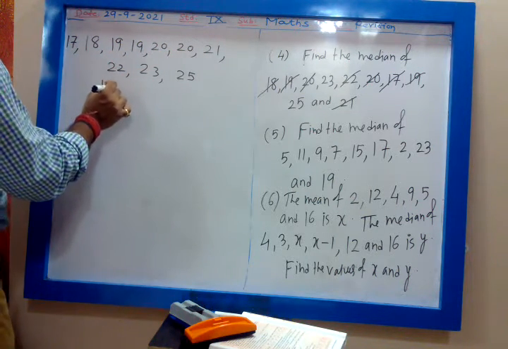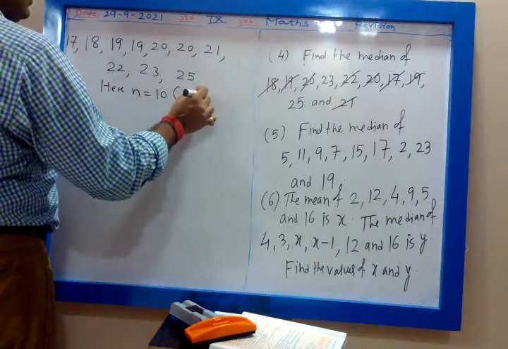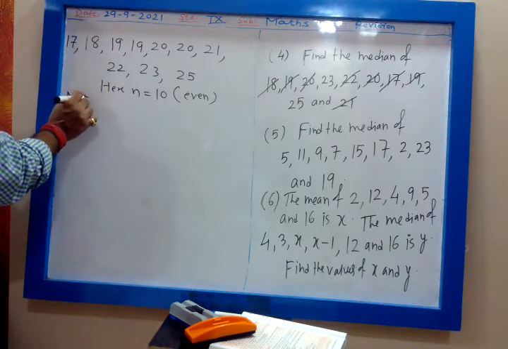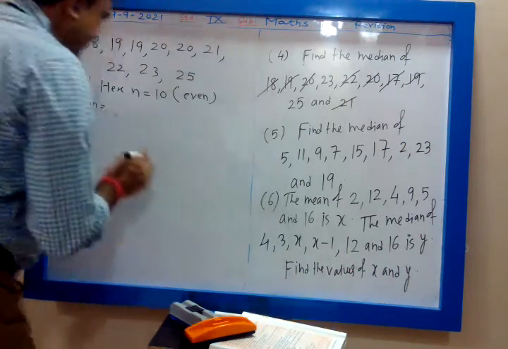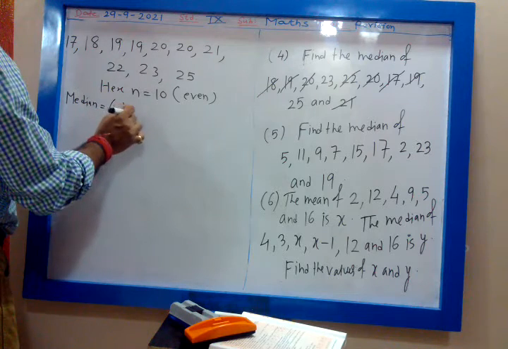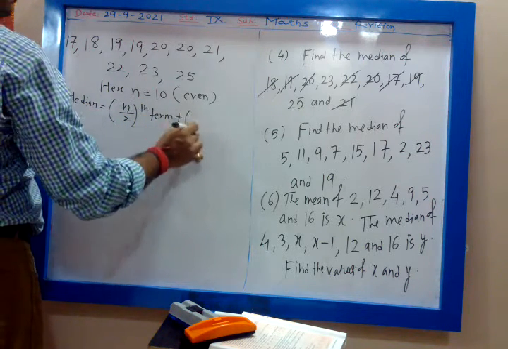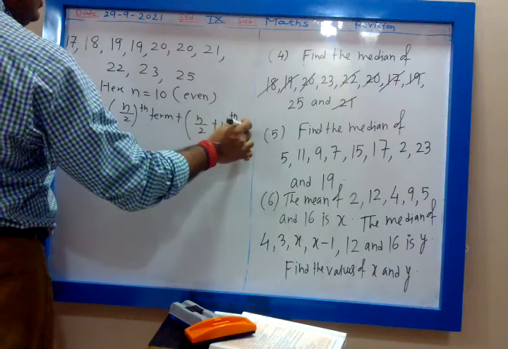Here n is equal to 10 and 10 is an even number. Whenever data is even, what is the formula for median? It is the n by 2th term plus the n by 2 plus 1th term, whole divided by 2.